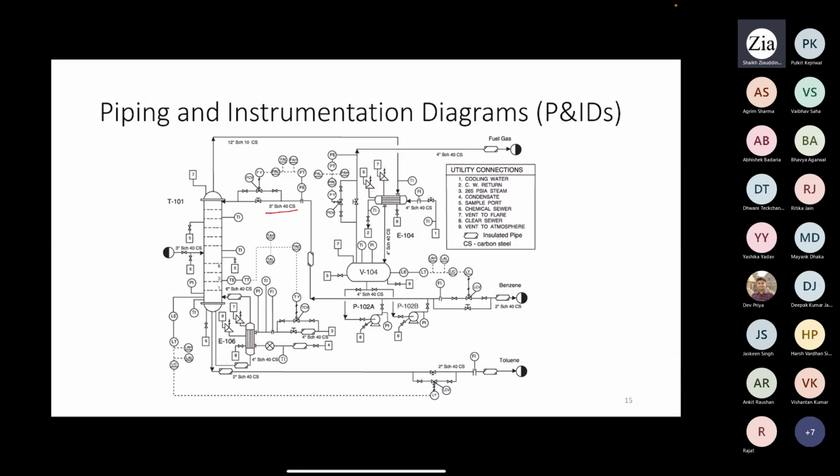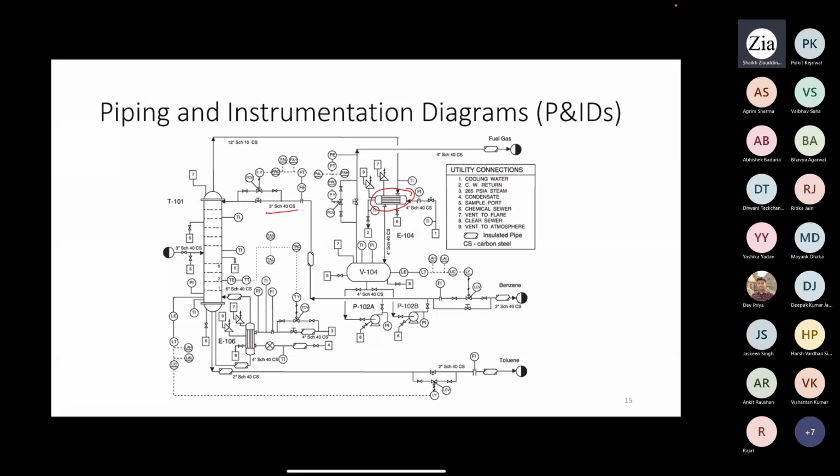Similarly, for temperature monitoring or temperature control, you can see in the picture there is a diagram of a heat exchanger. It will try to maintain temperature in a specific system, it will maintain the flow rate as well as temperature in the process flow line to get the desired temperature in your actual operation.